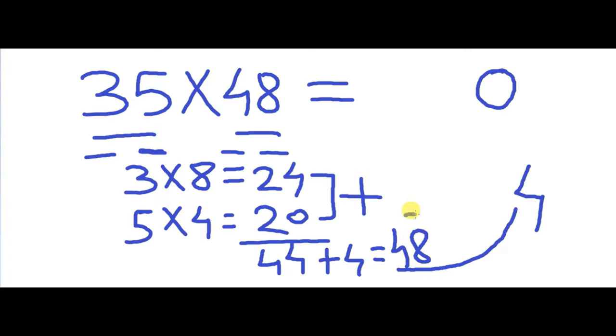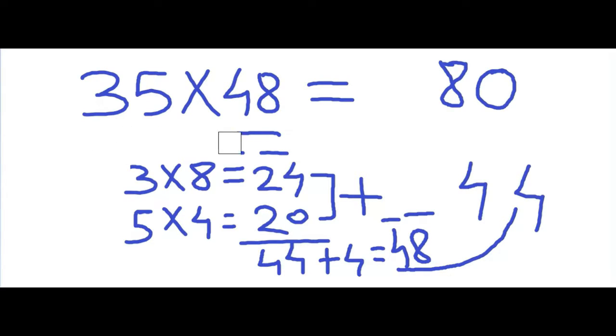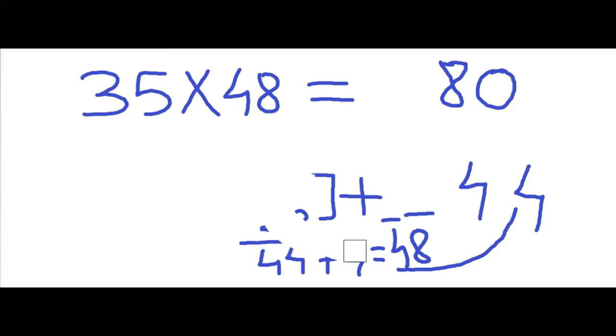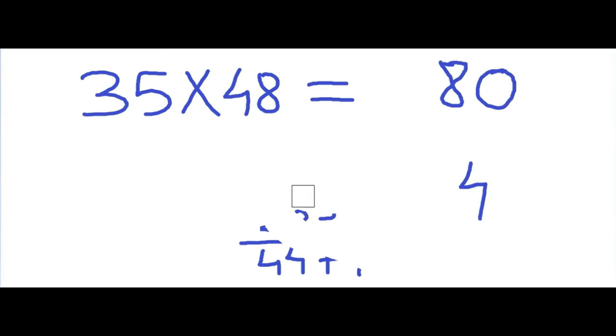Then write down this 8 directly into the answer and take this 4 as a carry for next step. So move to the next step. So in the next step, take the multiplication of first digit of both numbers, that is multiplication of 3 and 4.